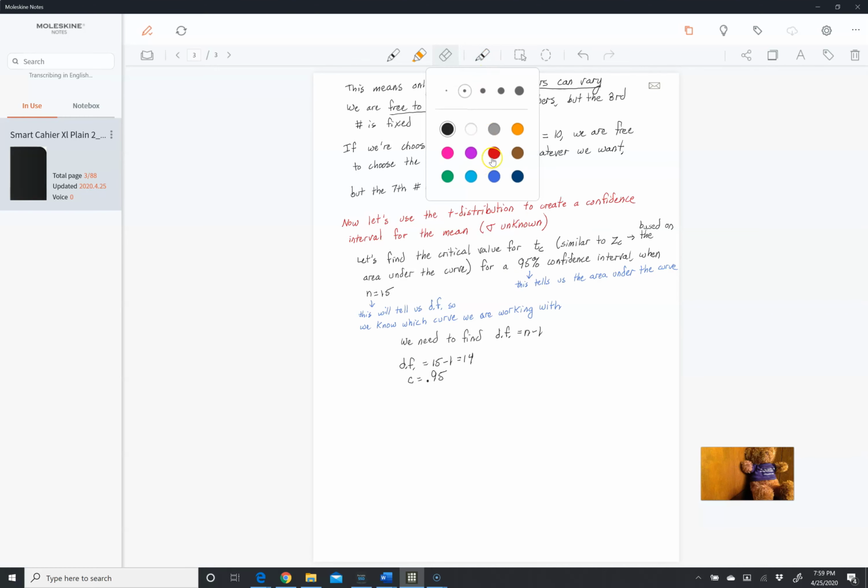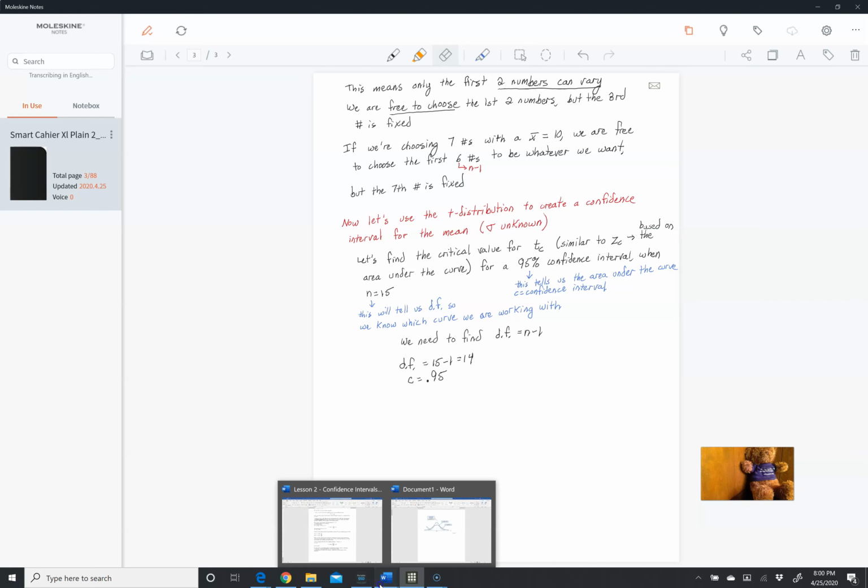Confidence interval. Okay, so your C is 0.95, so we don't have to do the 1 minus C and then divide that by 2. We don't have to do that. Let's go to our t-chart and see what it looks like.